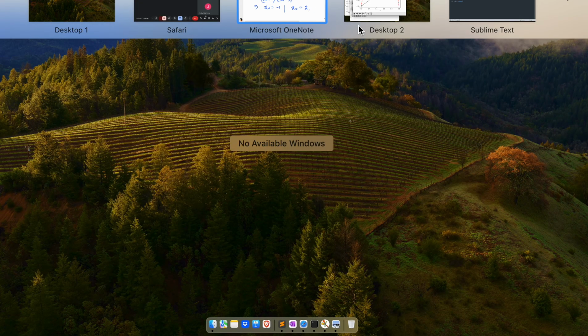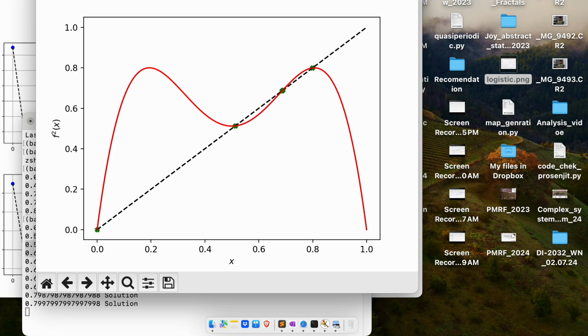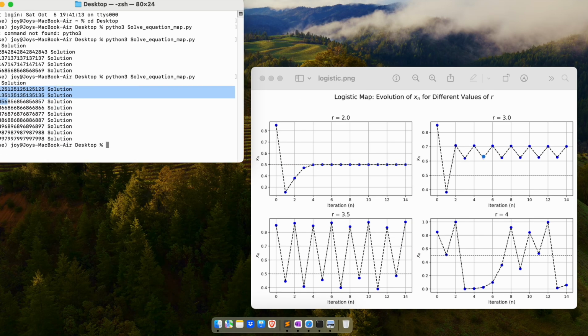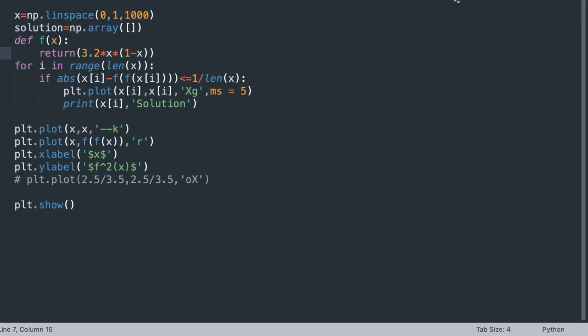Let's see first, using the computer also, whether it is the same or not. So we have to change the function. The function f(x) is x square minus 2.